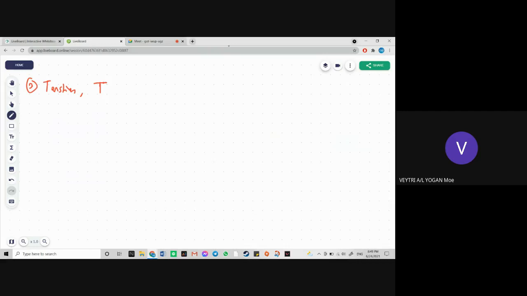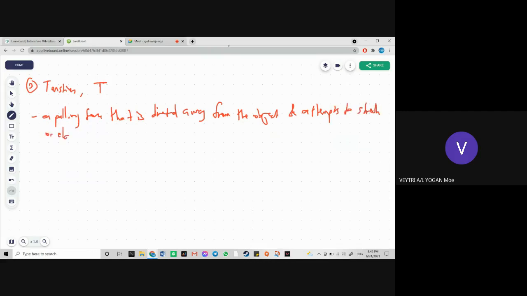Okay. Now, what is tension force? Tension force is a pulling force that is directed away from the object and attempts to stretch or elongate the object.